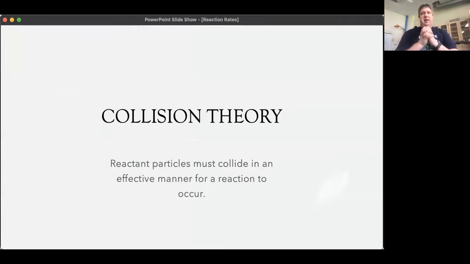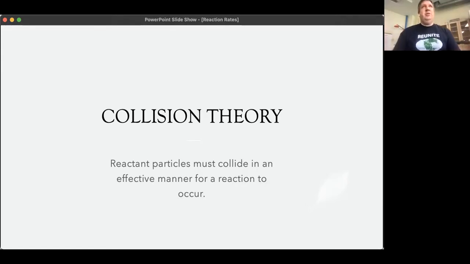So this little concept here is very important. This is like the fundamental theory that underscores all of chemical reactions, that reactant particles must collide in an effective manner for a reaction to occur. And the guy in Crash Course does a great job of continuing the explanation of this. But basically it says that you cannot have two reactants on opposite sides of the room and expect anything to happen.